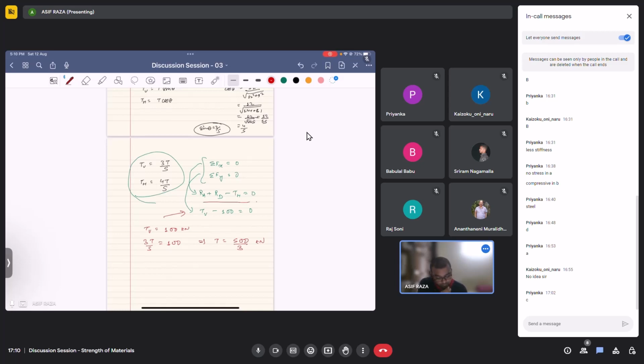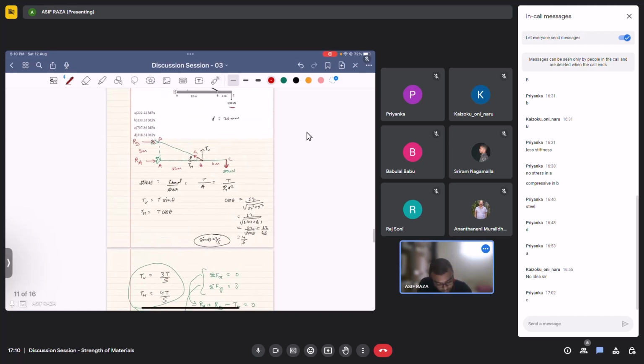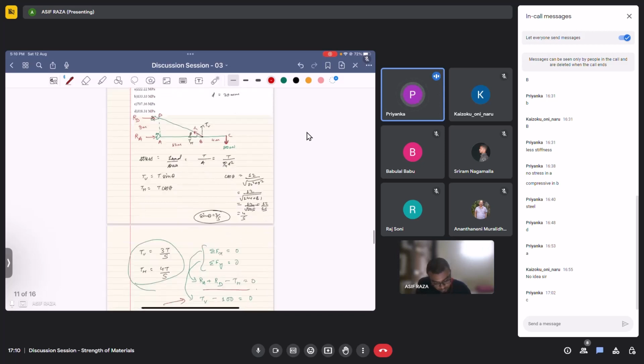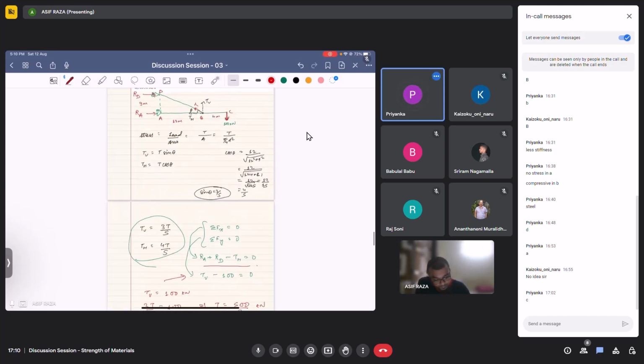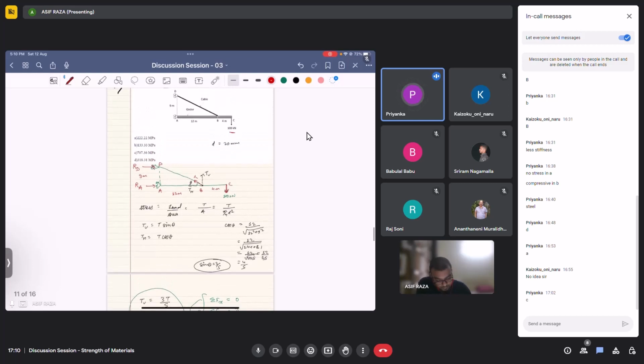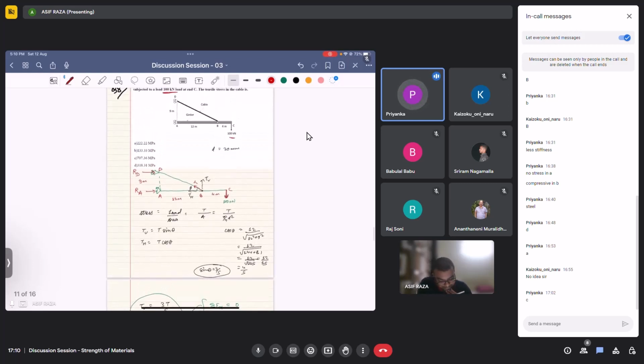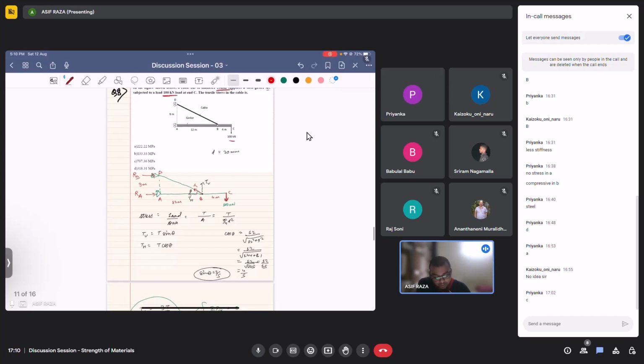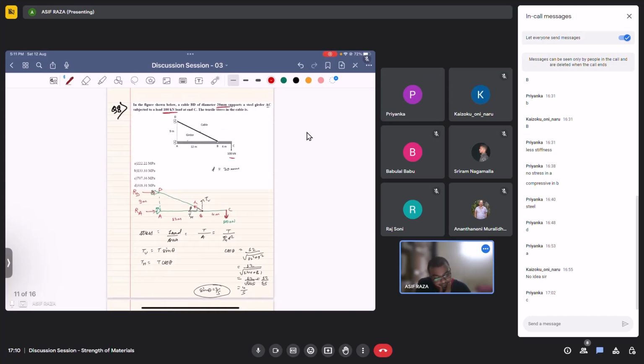Now, sir, yeah, I tried to find t using the moment method, taking moment at A. So with that, RD would also be there, right? No, sir. If you see, I took only the rod as the free body, like that girder as the free body diagram.